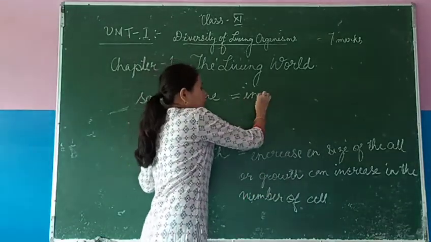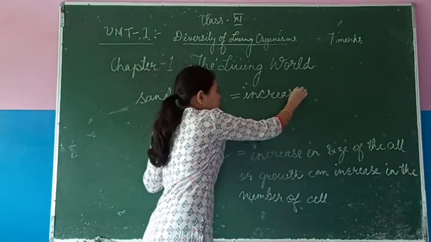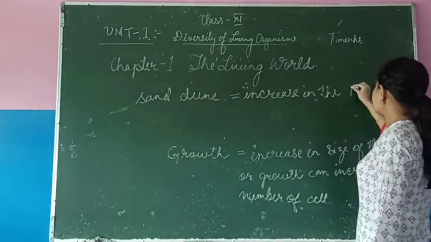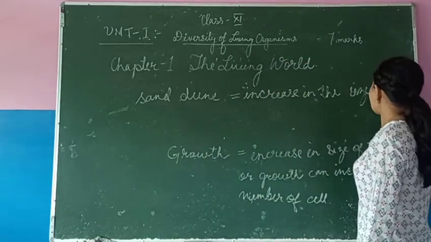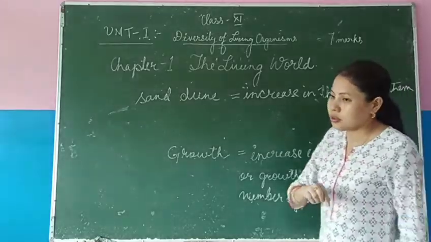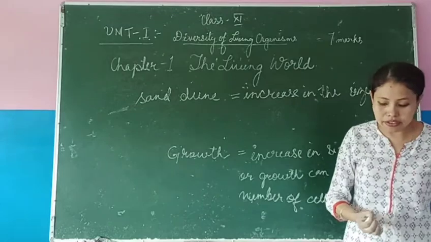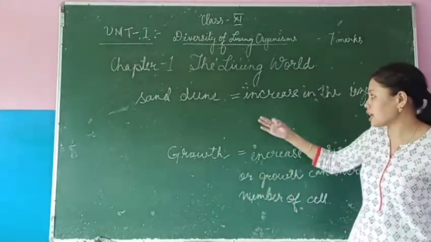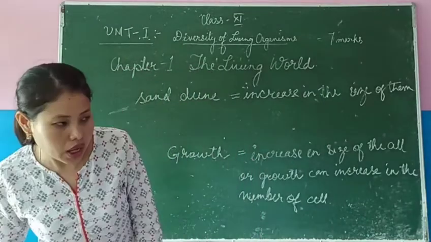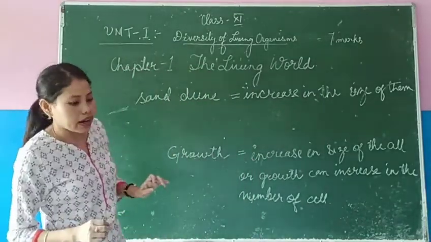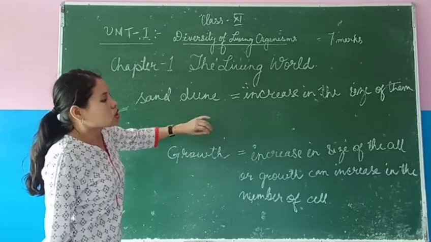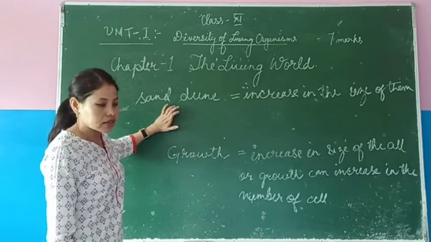You can see that there is an increase in their size. These sand dunes are an example of a non-living thing. They are not living things, though they increase in size.